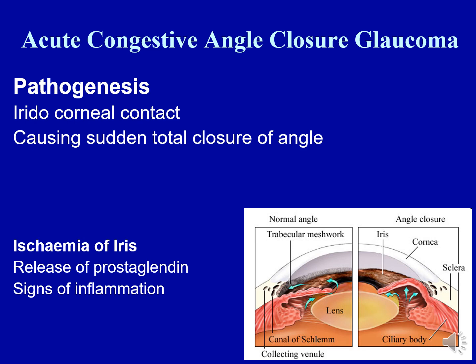So it causes ischemia of the iris, and a release of prostaglandin is there. Due to the release of prostaglandin, it causes severe inflammation. And of course, due to the sudden rise of intraocular pressure, stretching of the corneal nerve endings is there, and it causes pain.